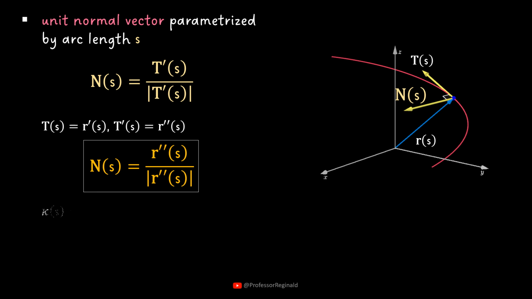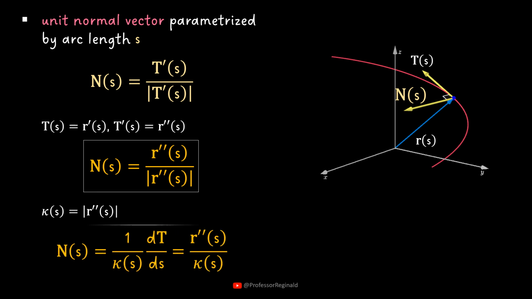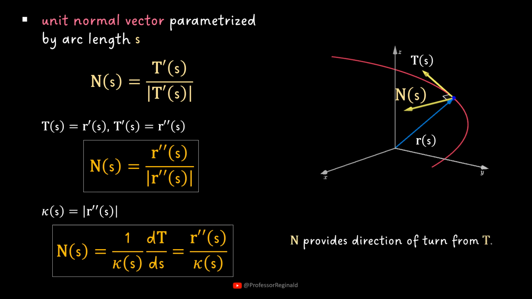Moreover, if we use this formula of curvature, we arrive at these additional formulas for the unit normal vector. Note the relationship between the unit normal vector and curvature. The unit normal vector refers to the direction at which a space curve turns, while curvature is a scalar that measures the degree of bend of a space curve, both using the unit tangent vector as the reference.